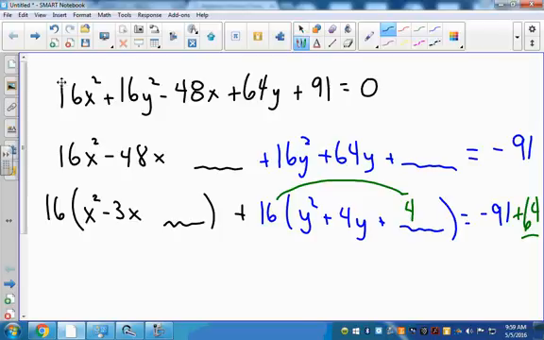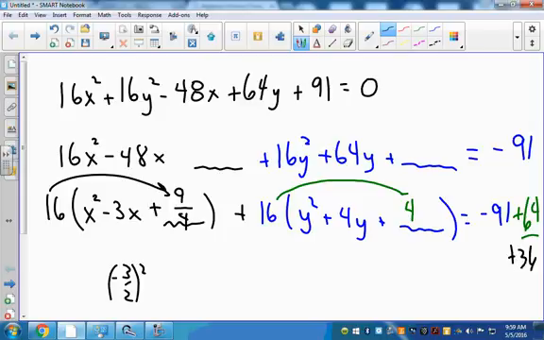We take half of 3, which is 3 halves, actually negative 3 halves, but when you square that, you get 9/4. That's what you add, and then you have to add the same amount to the other side, but notice we're adding 36 to the other side, right?